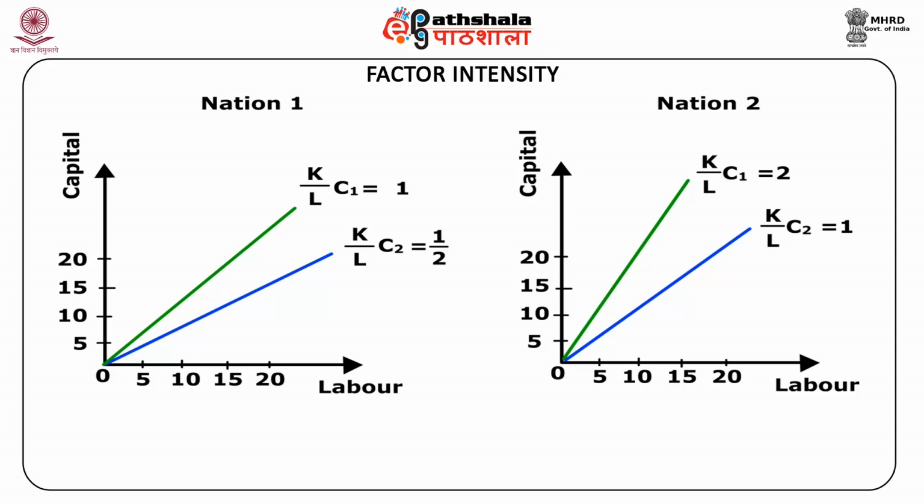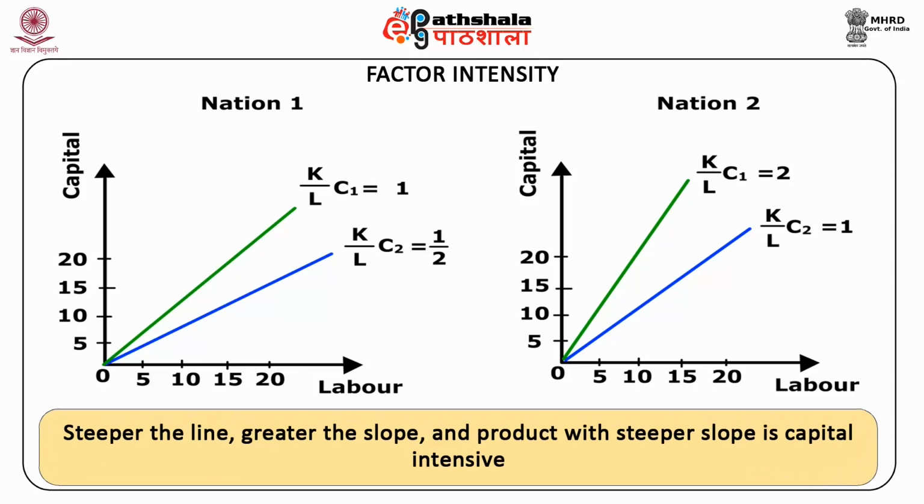Similarly, in the case of Nation 2, machine production requires more capital relative to labor. Its capital labor ratio is higher, and for commodity Y production, the capital labor ratio is lower. Hence, as in the diagram, the steeper the line, the greater the slope, and hence the product with the steeper slope is more capital intensive.